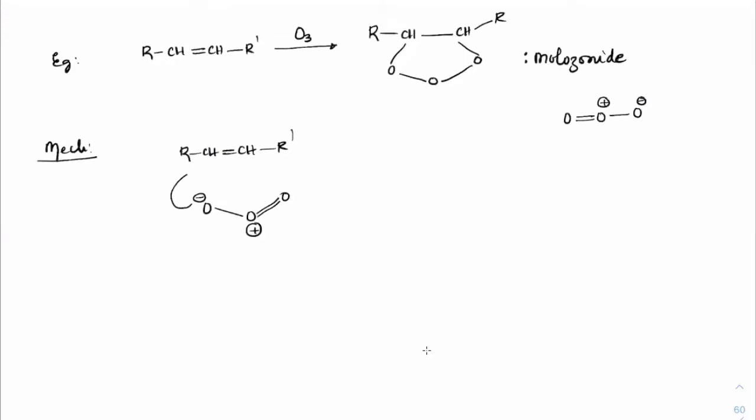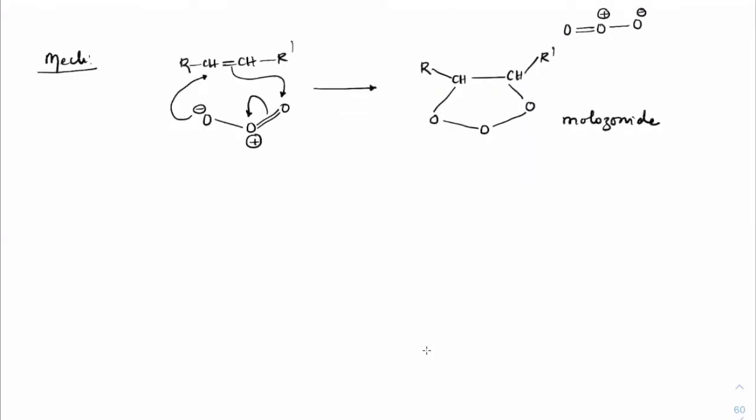So this minus would attack this carbon, this pi will attack this oxygen, and this pi will shift here. So what do we get? We get R, CH, single bond, CH, R dash, with O, O, O and this connection. Typically, this is the formation which you see. So this is molozonide.